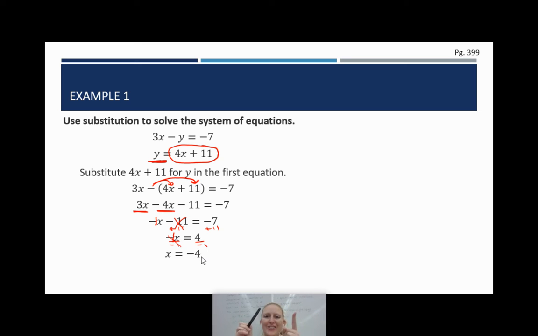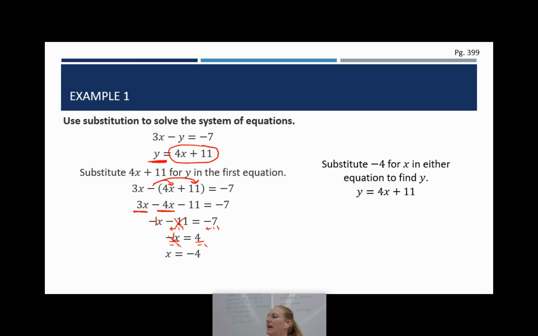So you've actually done the worst of this. You have found what x equals. But remember, we also have to figure out what y equals. I know that x equals negative 4. So everywhere I see an x, I can substitute in a negative 4. And you can use either equation. I'm going to use that second one, y equals 4x plus 11, because it just seems easier.